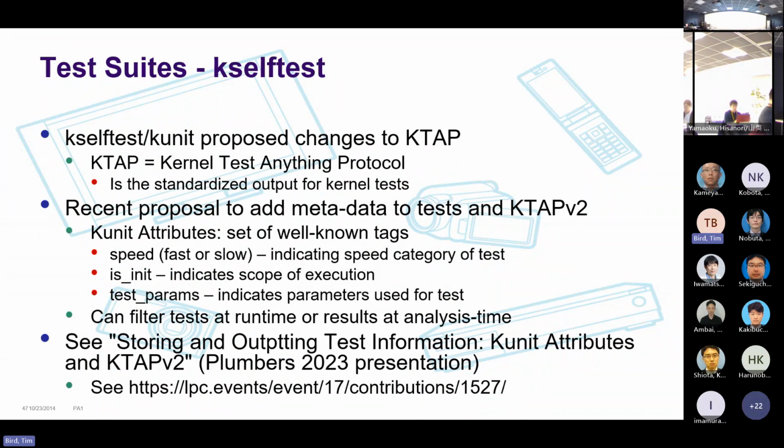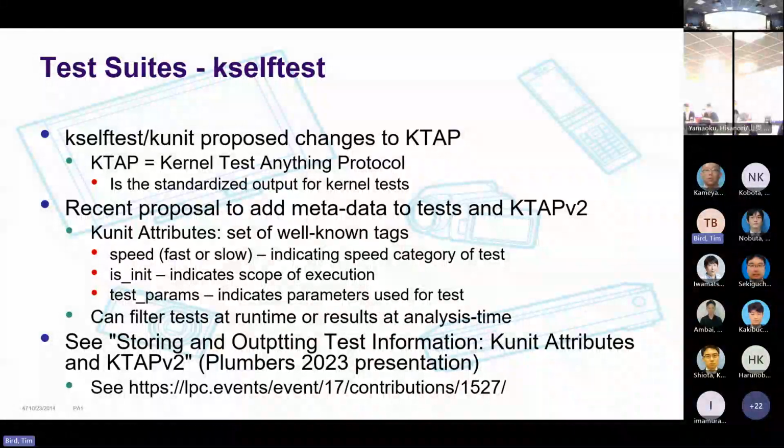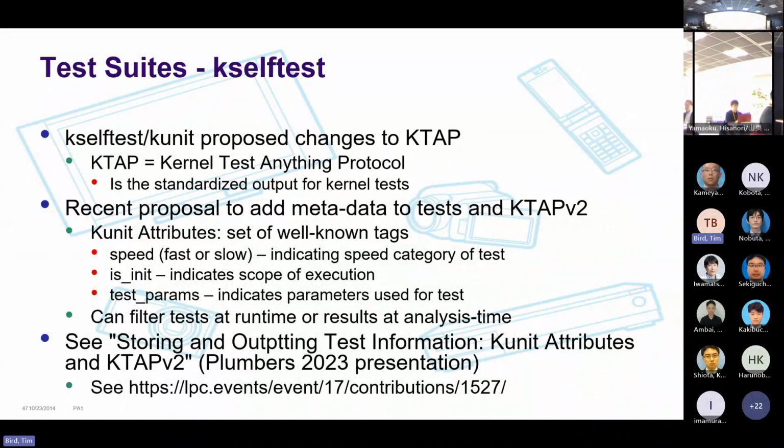Some of the recent things are new proposals to add metadata to the data for the test and to standardize that. So KTAP — TAP stands for Test Anything Protocol, and it's the standardized output for tests.